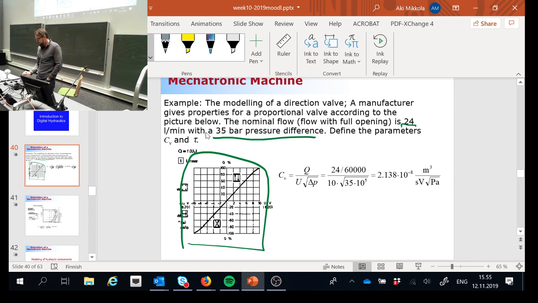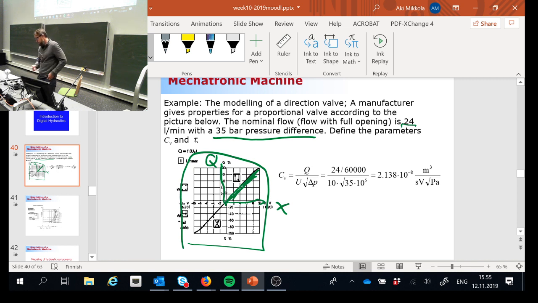Now the catalog has a picture that shows the relation between the valve opening, where X is the valve opening, and the flow rate. You can see that this relation is more or less linear, so I can use the equation I introduced previously. This is not a proportional valve, and not a valve with lands bigger than the drilling, so it's a simple valve.